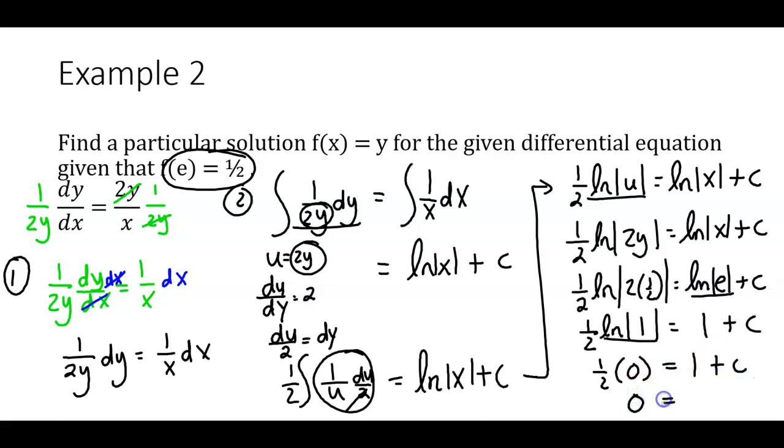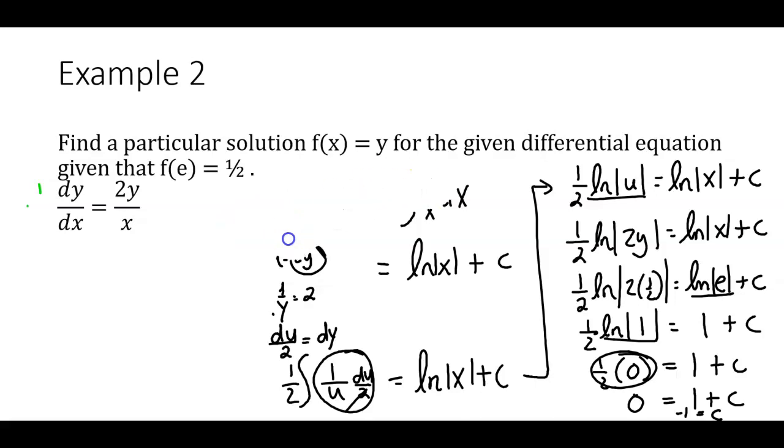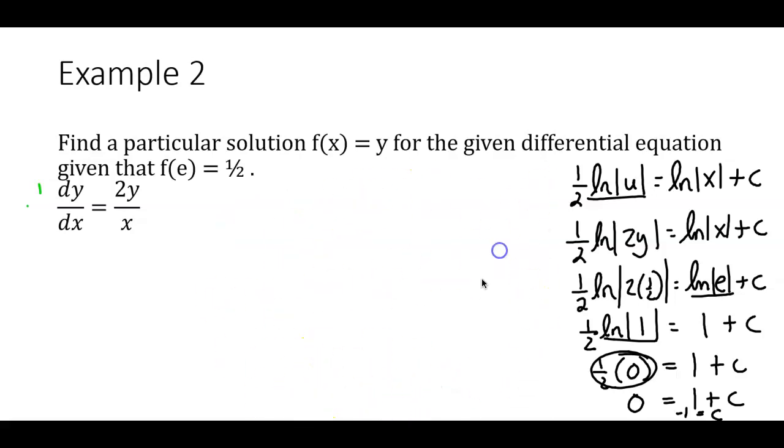So we end up with 0 equals 1 plus c. After we multiply these, we just get 0 on the left side, right? And then subtracting 1 on both sides, we would end up with the fact that c equals -1. Now let's go ahead and plug that into our solution that we have so far.